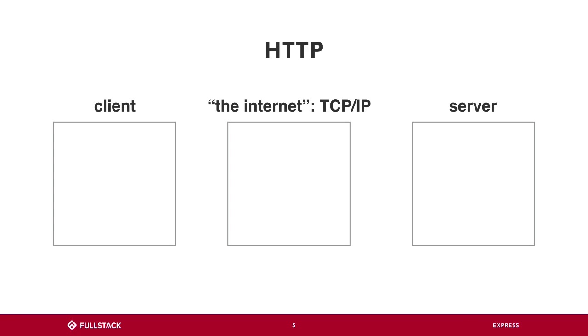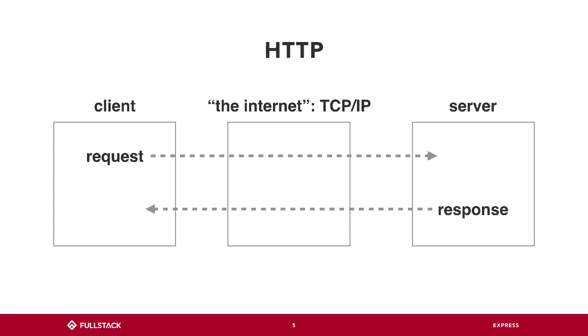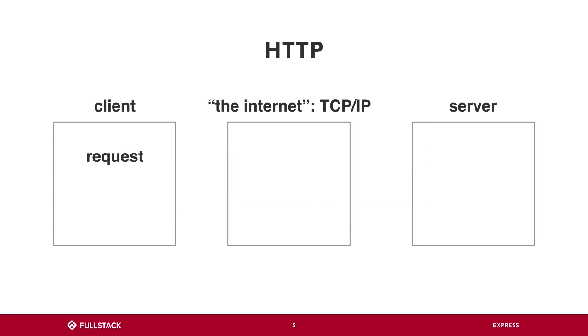If we were to diagram this out, what happens is that we start with a request. The internet is basically operating over TCP/IP. We make a request that gets to our server.